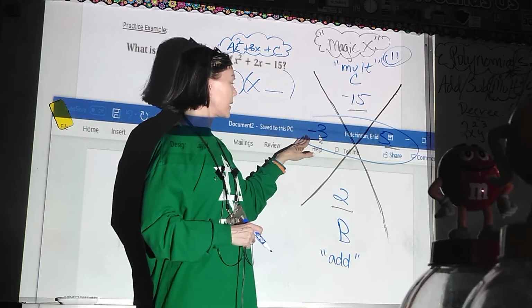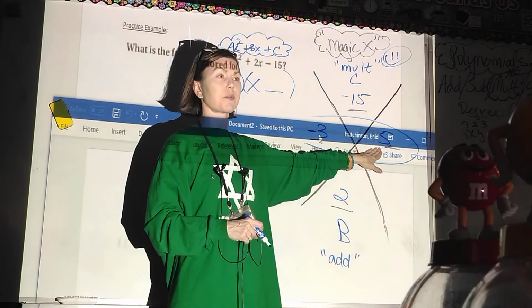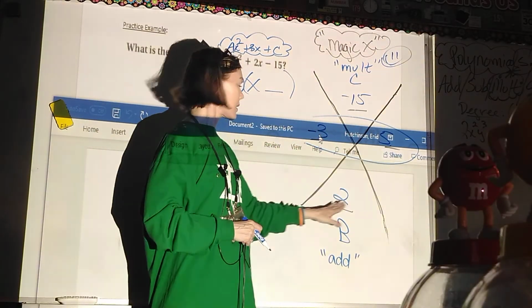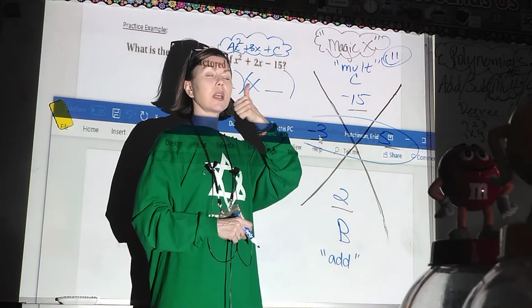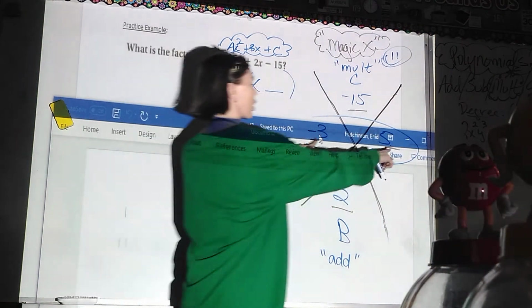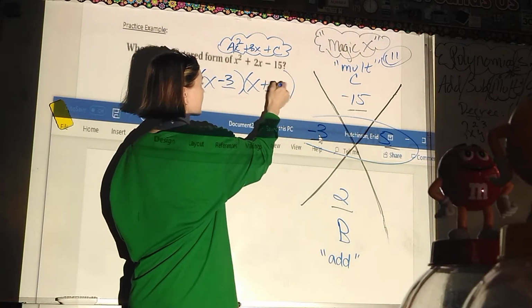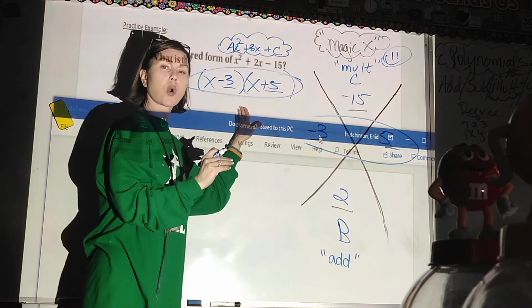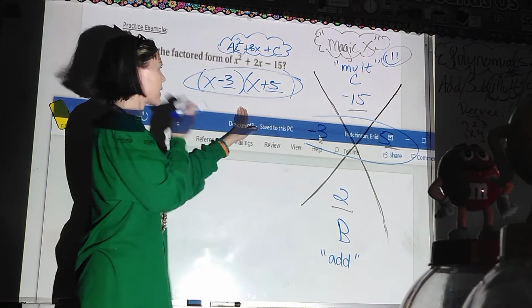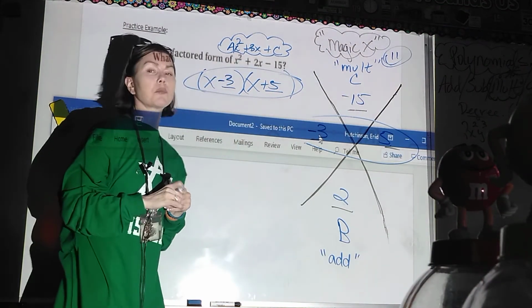Yes. When you add a negative 3 and a positive 5 together, does that give you a positive 2? Yes. So these are the two terms that go here. We have a negative 3 and a positive 5, and that is the factored form of that trinomial.